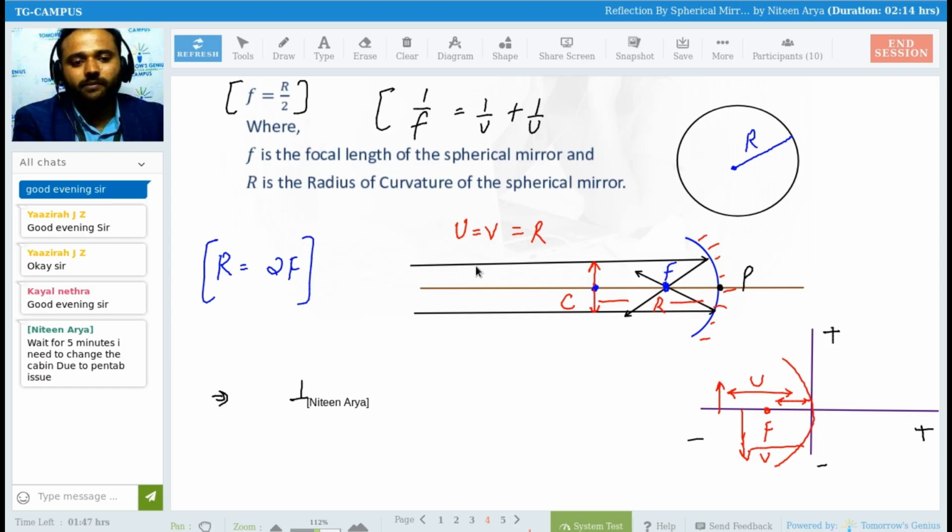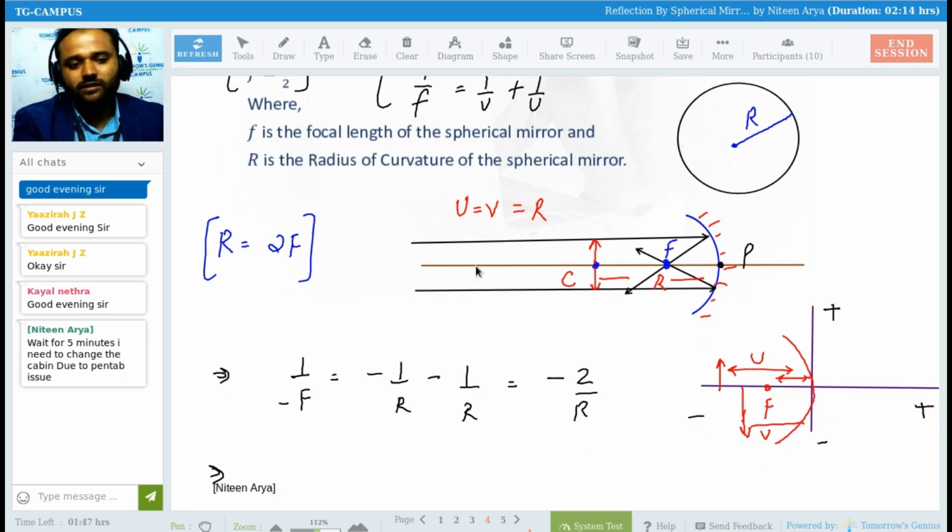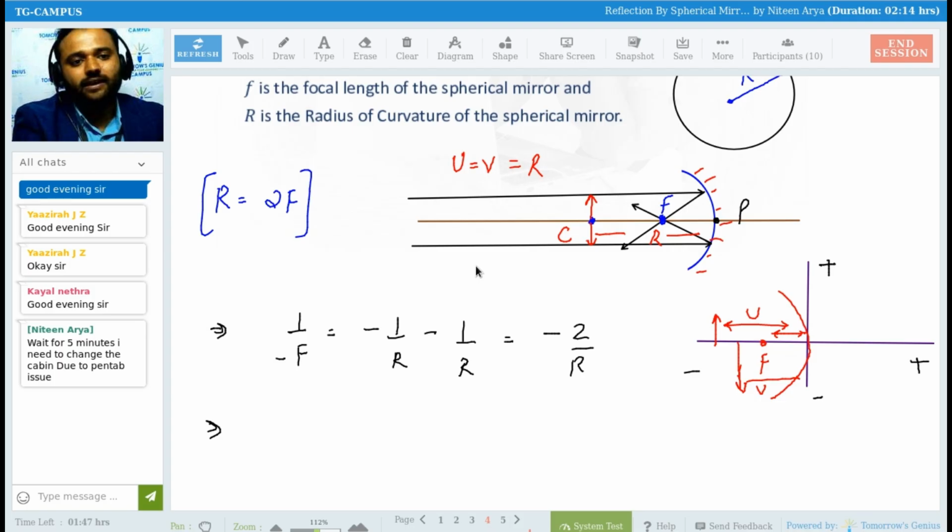So simply, 1/f = -1/r - 1/r, which gives me -2/r. The minus signs cancel each other, so from here directly we can say that 1/f = 2/r, and reversing this, f = r/2.